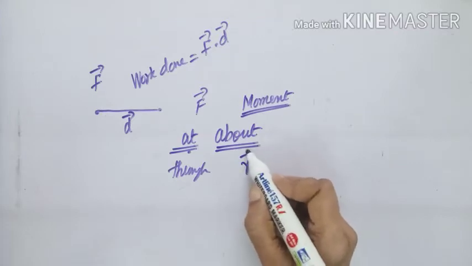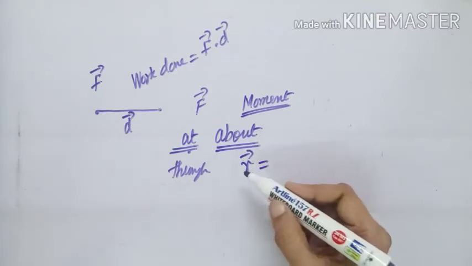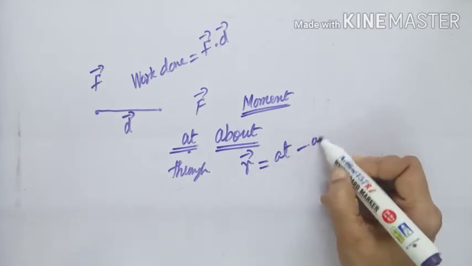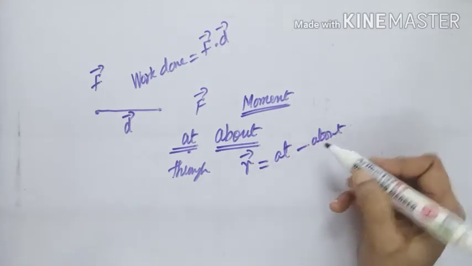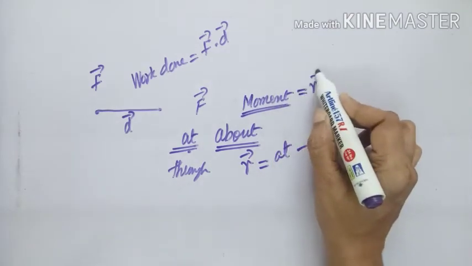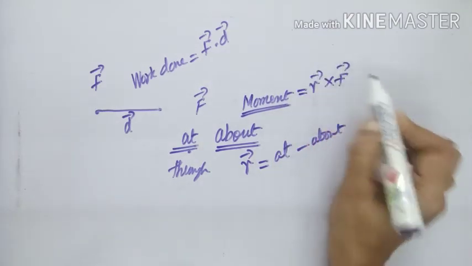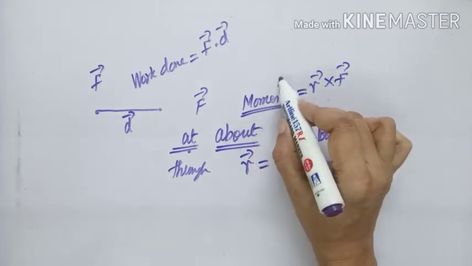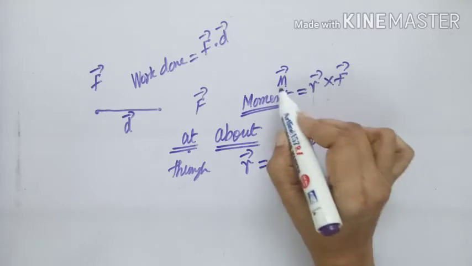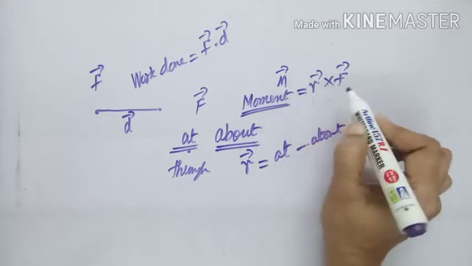Find out something called R. This R is nothing but at the point minus about the point. And once I know R, moment is nothing but R cross F. So let us remember, M is for moment, M R F. So MRF, do not change the order.